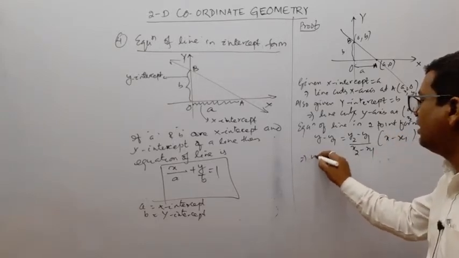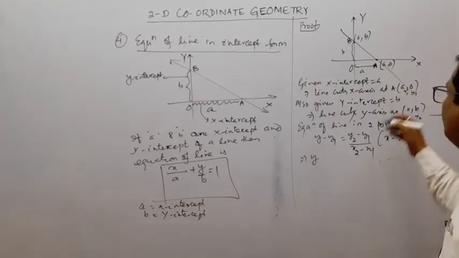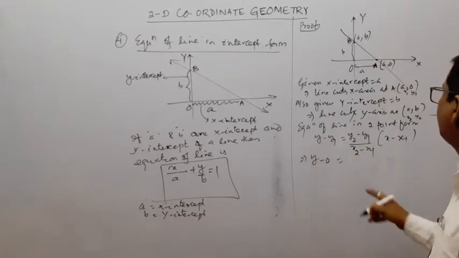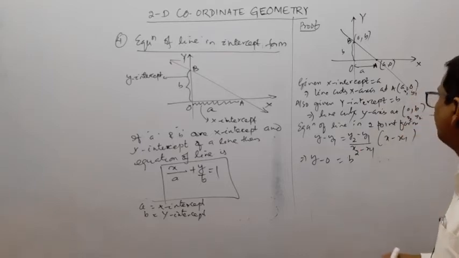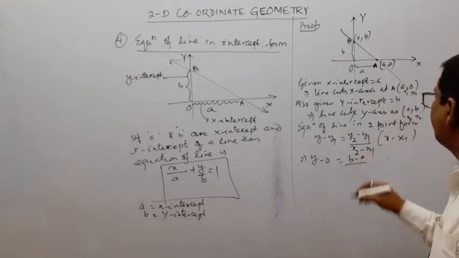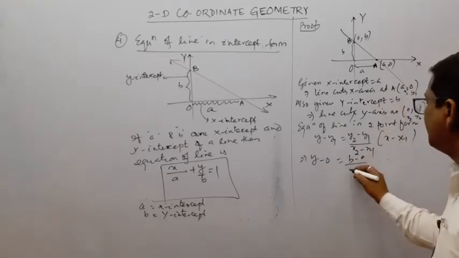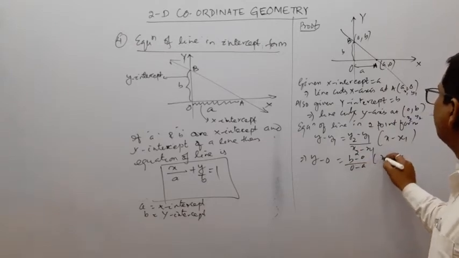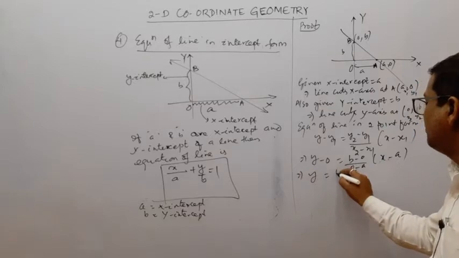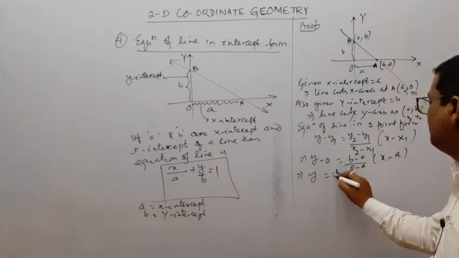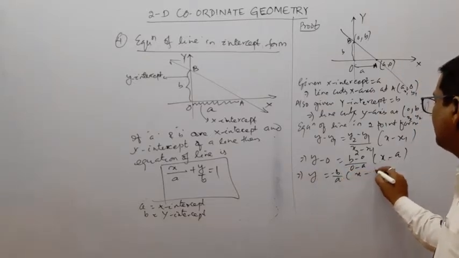So y minus y1, which means y minus 0, is equal to (y2, which is b, minus 0) divided by (x2 minus x1, that is 0 minus a), into (x minus a). Now y is equal to minus b by a into (x minus a).